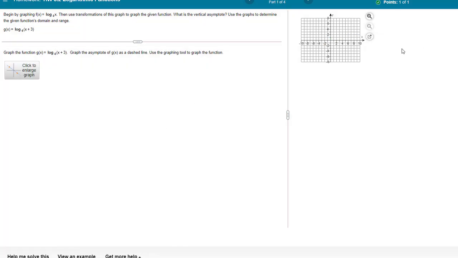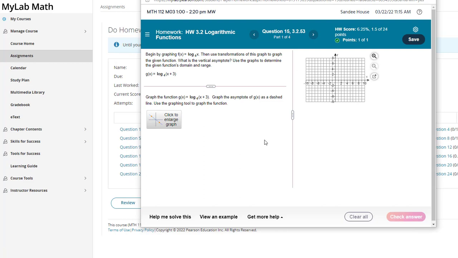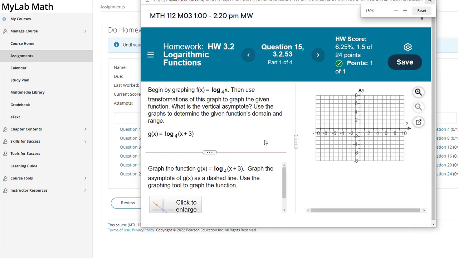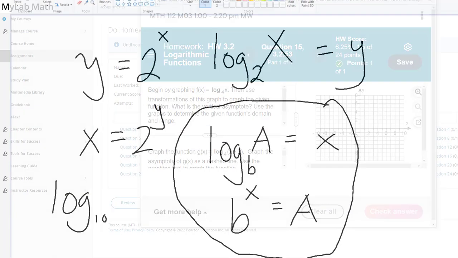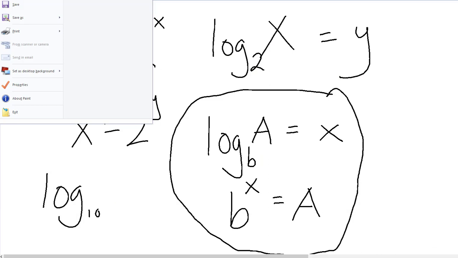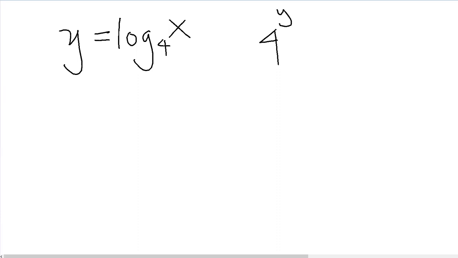Okay. All right, so let's make this where you can see it. So they're asking us for the graph of the log base 4 of x. Now, I could do this manually. Okay, so let me show you how I do it manually. If I have y equals log base 4 of x, that means 4 to some power y equals x.